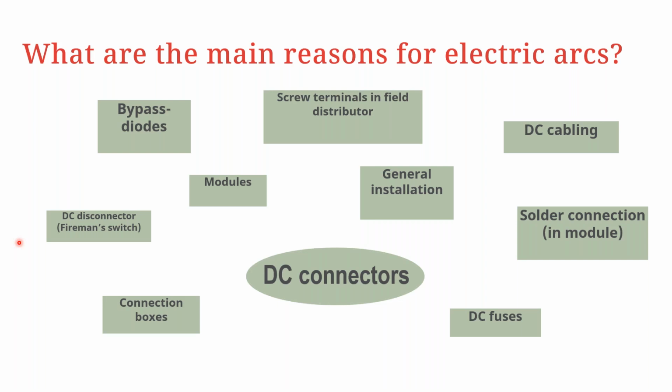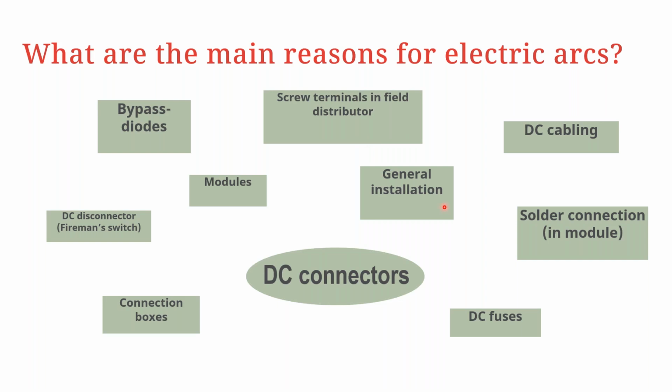If there's a loose connection somewhere there, or when the switch is being activated, then there could be a risk for arcing. DC combiner boxes, it could be related to the modules directly, even in the junction boxes of the modules. It could be screw terminals in the field distributor. It could be general wiring, that is the general installation.